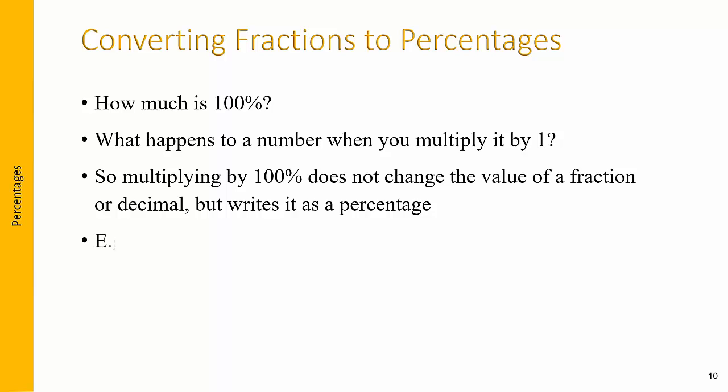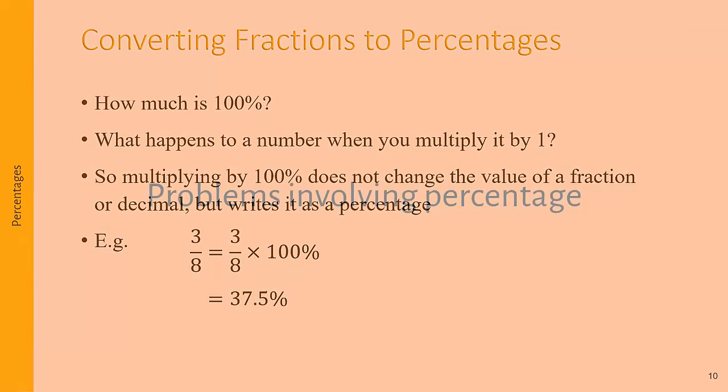So for example, 3/8 we can write as 3/8 times 100%, like we did with the decimals. Do our calculation. So we can actually do this on a calculator by doing 3/8, enter it as a fraction maybe, or 3 divided by 8, and then multiply by 100, and then that gives us the answer as a percentage, which comes out to be 37.5%.